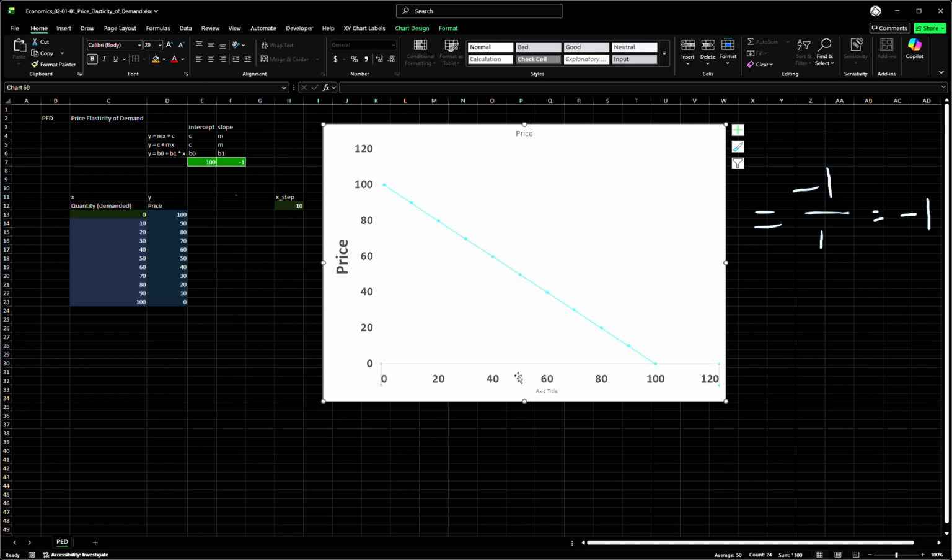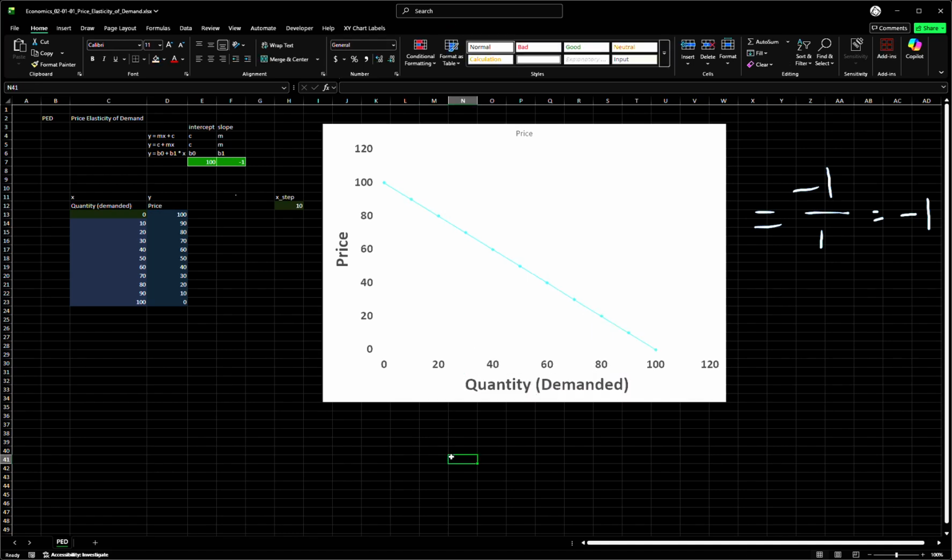Percentage change in quantity is just the change over the quantity before the change. I don't know if that makes any sense, but yeah, okay. And then this price, the original, before the change.